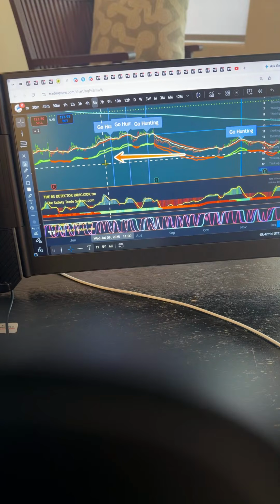On my end, it looks like step 12 and 13 had not triggered yet at that point. And then step 12, 13, and 14 all triggered simultaneously at that go hunting signal. I don't have my steps open, but I can get that.